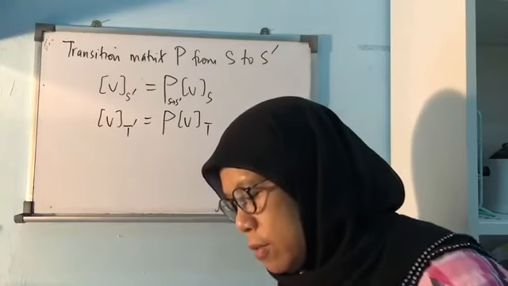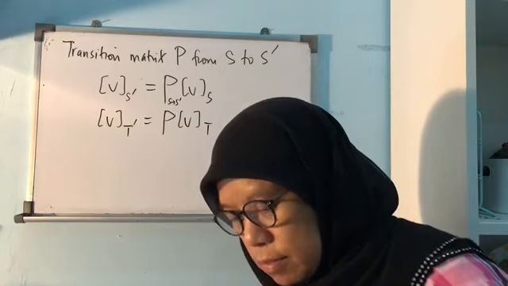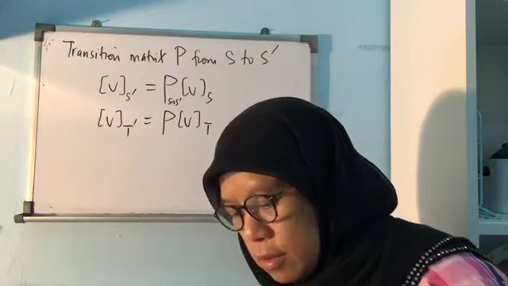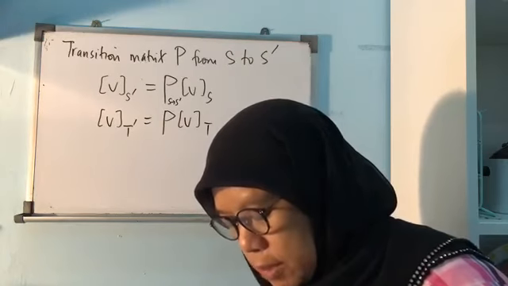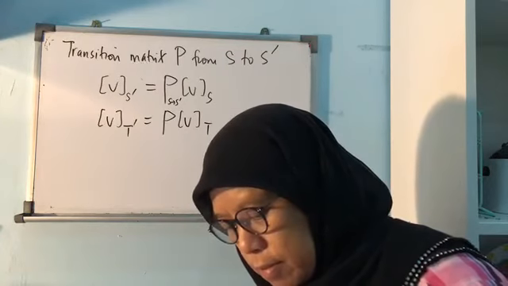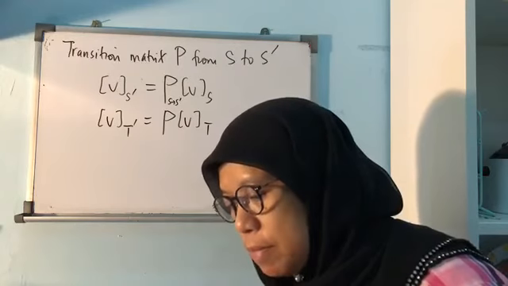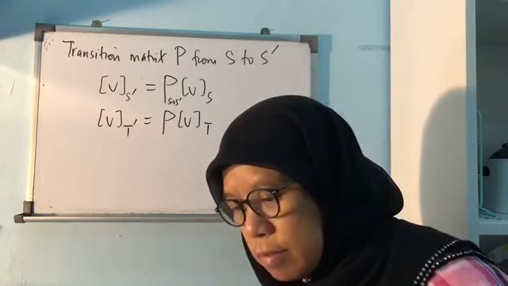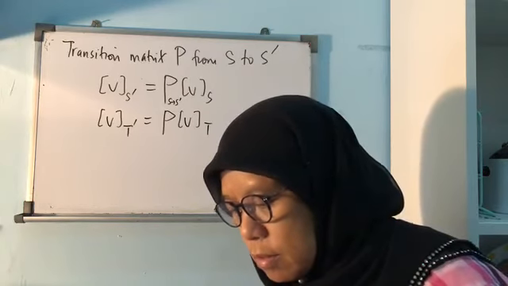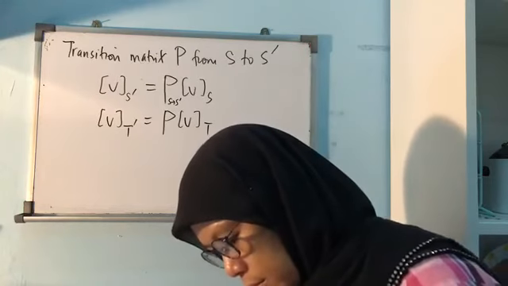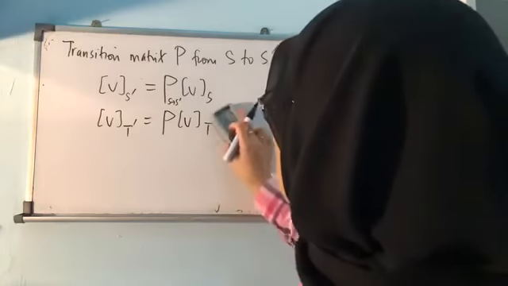Okay, double check which page is it. Okay, this is page 201, 200, P transition matrix from S to S prime. Okay, putih ya.